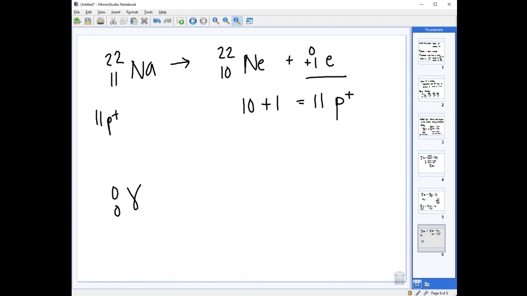Remember, it showed up on our electromagnetic spectrum that we looked at back in chapter 6, that gamma rays are a form of radiation just like microwaves or radio waves. So they don't result in the release of any type of particle. So when you look at a situation with gamma radiation, you may just have something that looks like this.